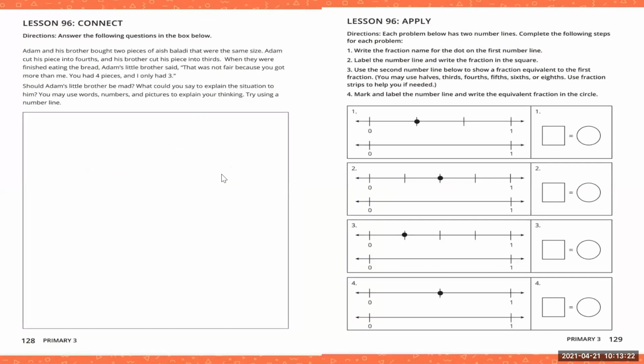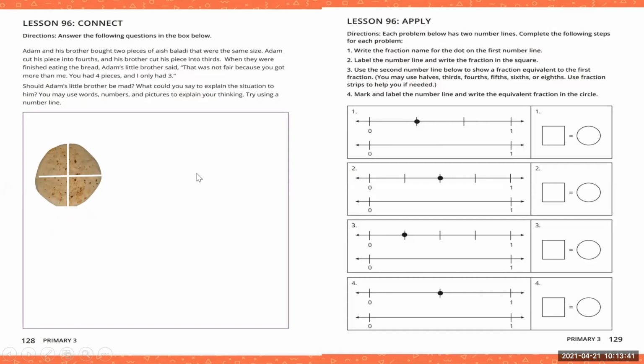Now, let's move to the next page. Here, Adam and his brother brought 2 pieces of Aish Baladi. It means both of them have the same bread, like this.